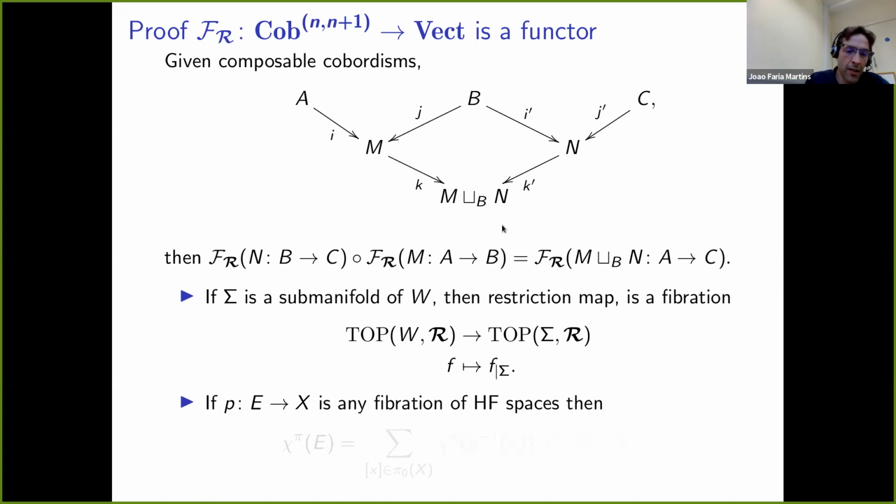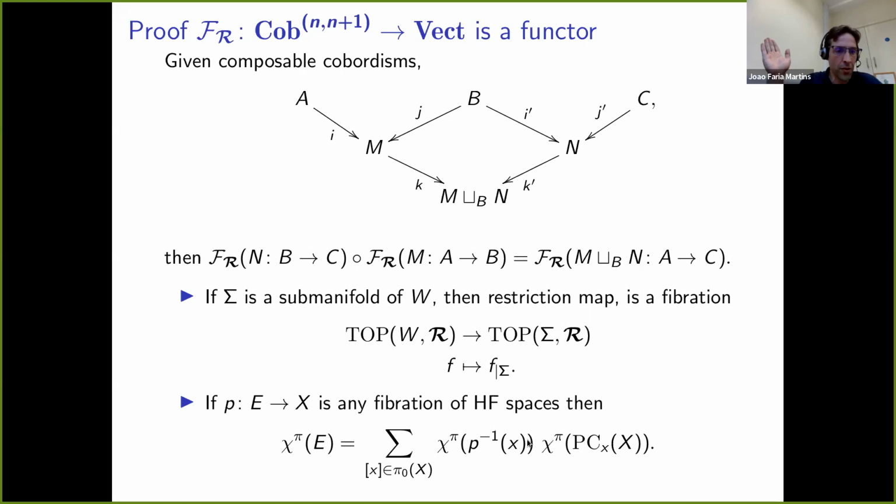And then there's this general fact about homotopy content of the total space of fibrations, which I mentioned before, but there's a tweaking of it. So if I have any fibration of homotopy finite spaces, then the homotopy content of the total space is the sum over path components of the base, of the homotopy content of the fiber times the homotopy content of the path component. And that's what makes it work.